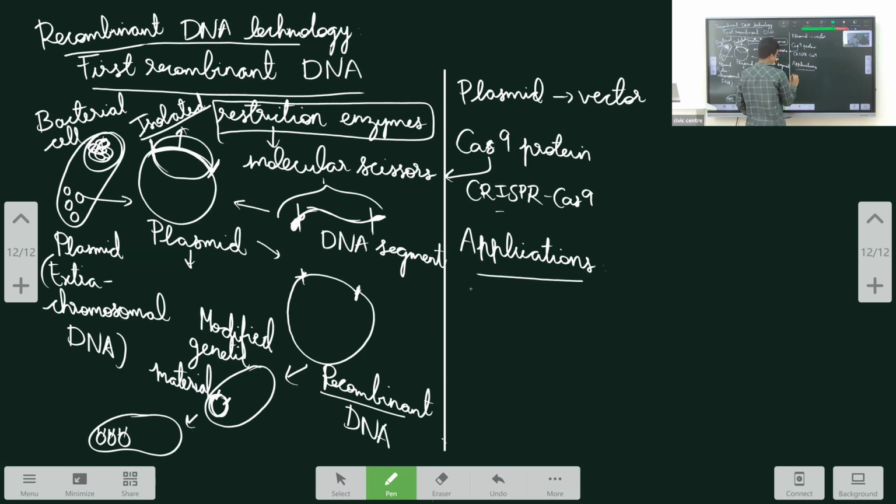Now we have seen earlier how it will be used in the manufacture of vaccines. So what are the other applications that you see?